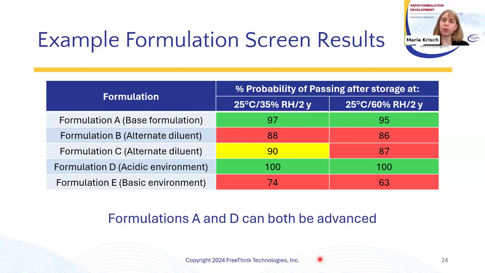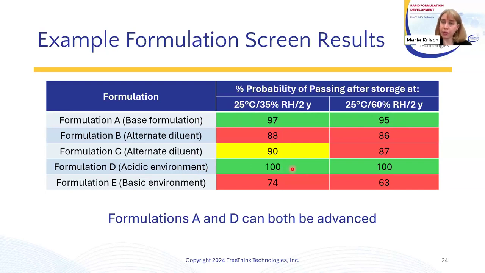And so if you look at these results, this is the probability of passing after storage for 2 years. And different companies have different acceptable levels. What we would usually recommend is to look for at least a 95% probability of passing. So what you can see here is that 2 of these formulations have met that criteria. Formulation A, which is 95 or 97, depending on the humidity, and formulation D, which is 100% in both cases.